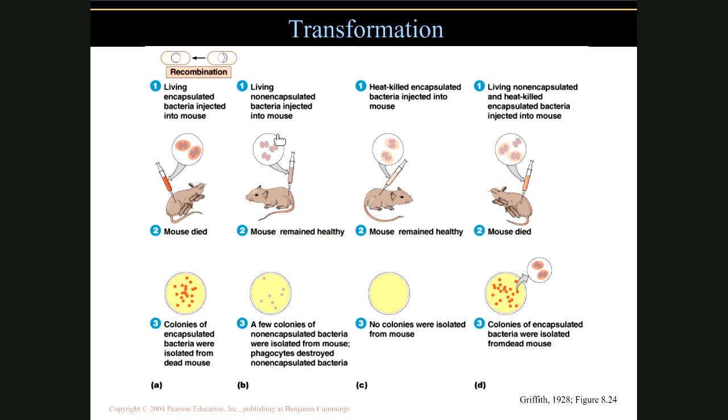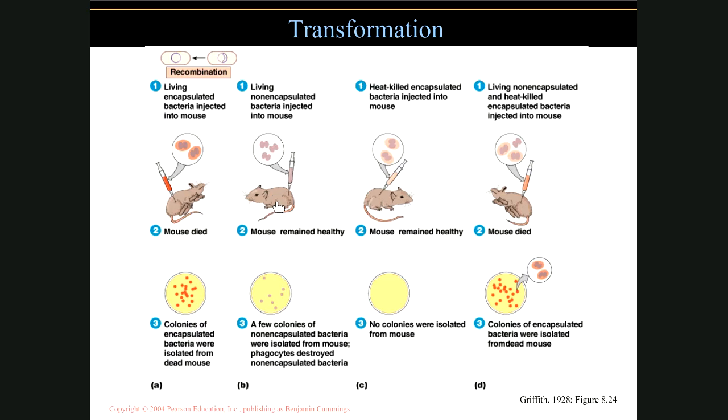Next experiment, we take the Strep pneumoniae that do not have capsules, inject them into the mice, and the mice survive, right? Because the immune system of the mice is able to fight off those non-encapsulated bacteria. So live Strep without capsules do not kill.